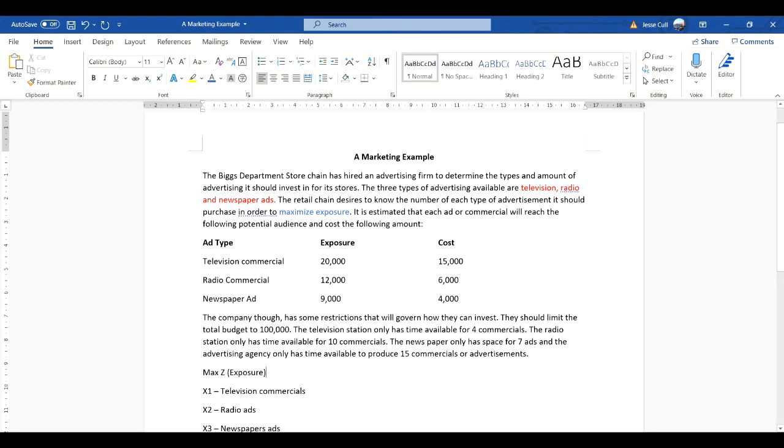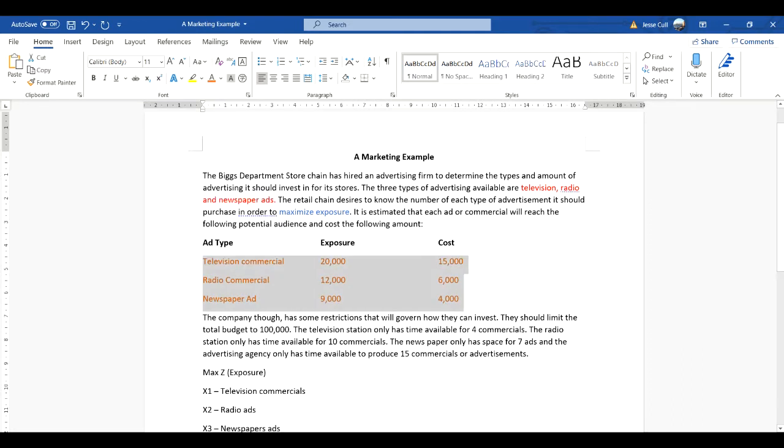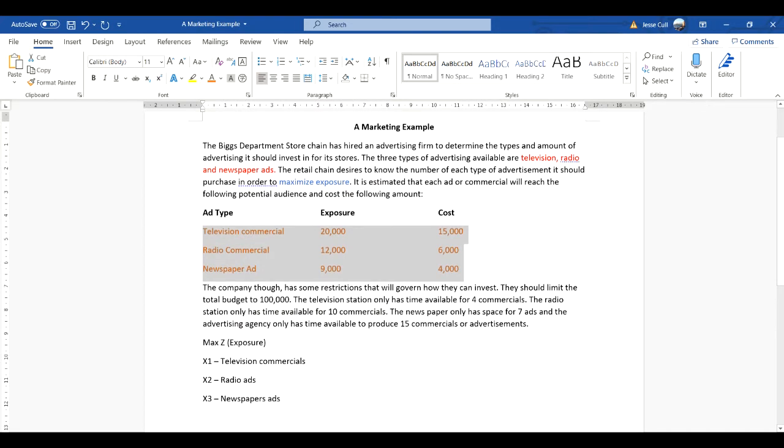It is estimated that each ad or commercial will reach the following audience and cost the following amount. So this information here gives us a lot of important information that we'll draw on later. The company, though, has some restrictions.